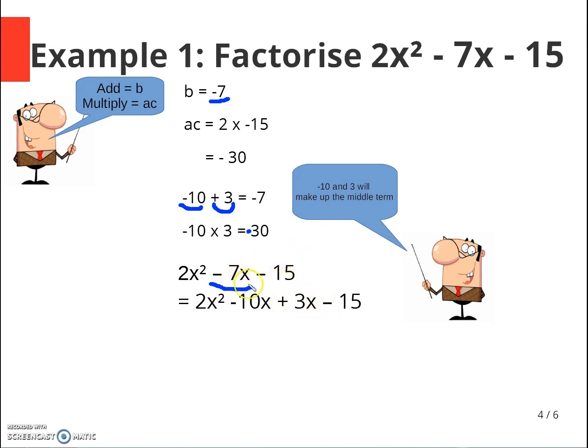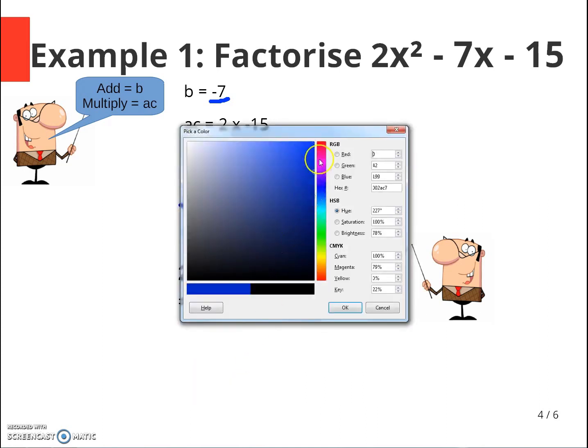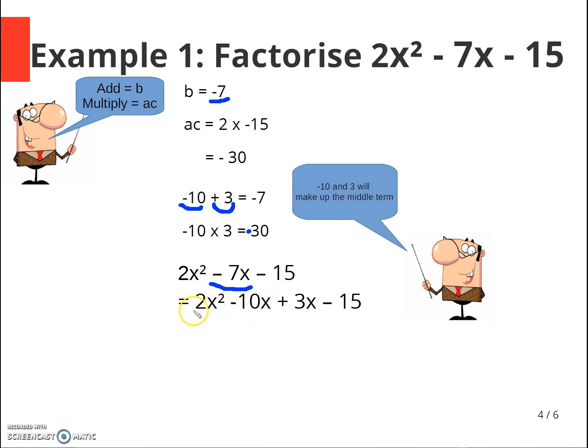We've just replaced the minus 7x with minus 10x plus 3x. Now we can factorize it normally. I'll change the color to red. With 2x squared and minus 10x, the highest common factor is 2x.